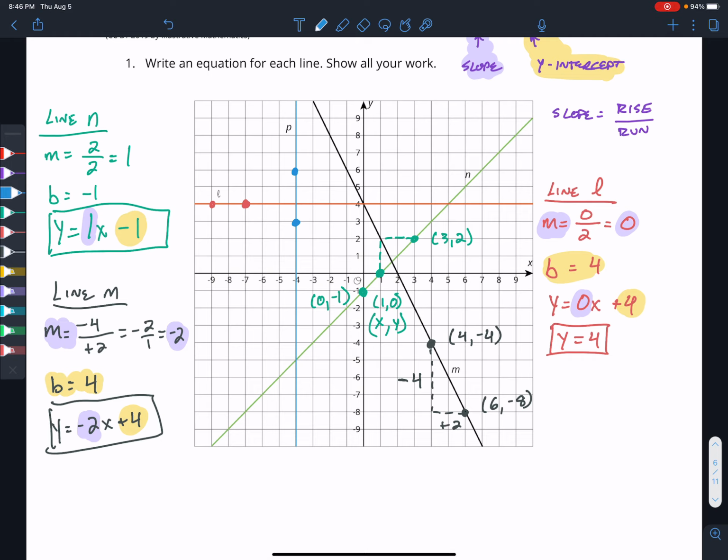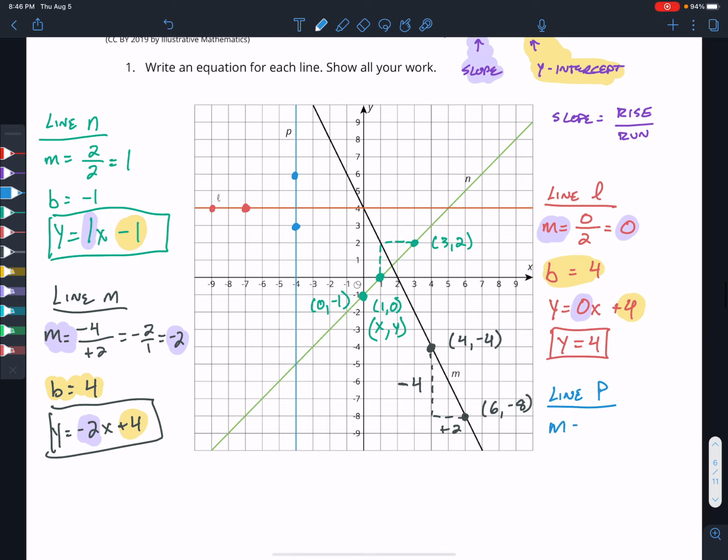All right, so I'm going to talk about my slope for line P. So my slope, I'm going to rise 1, 2, 3. So I rise 3. And my run, I'm not going back and forth anywhere. So that is just a 0.